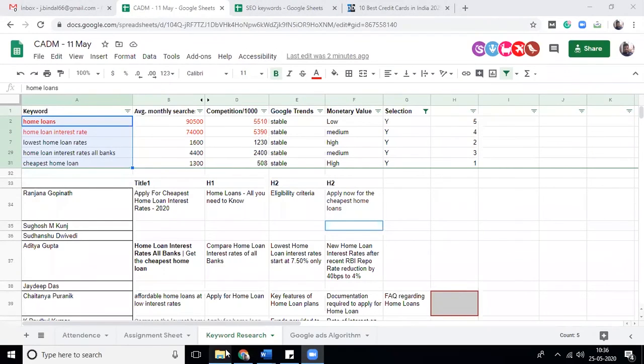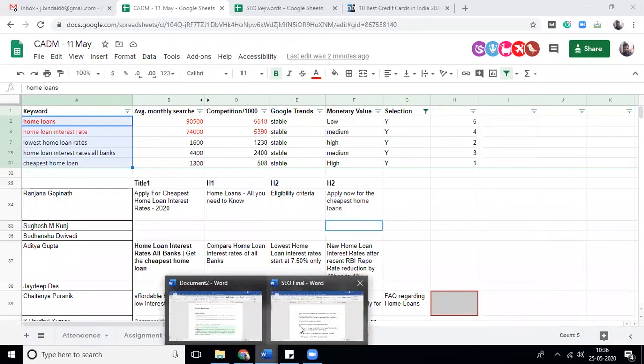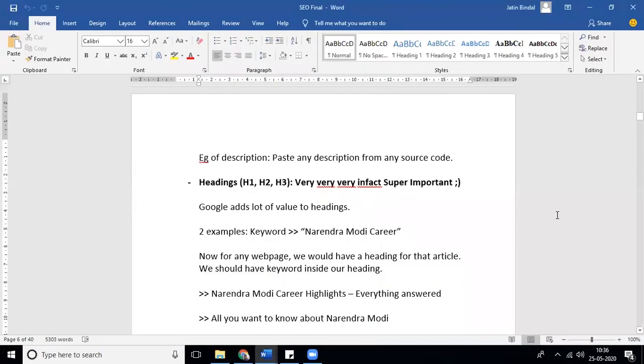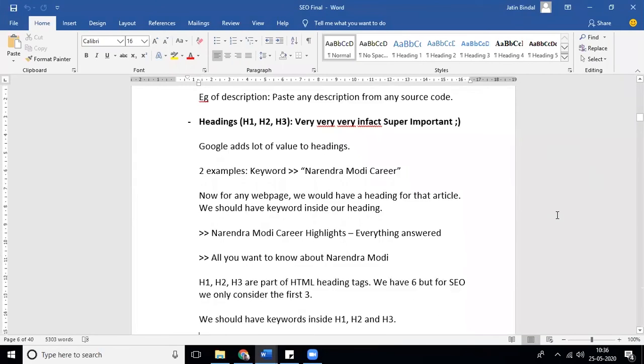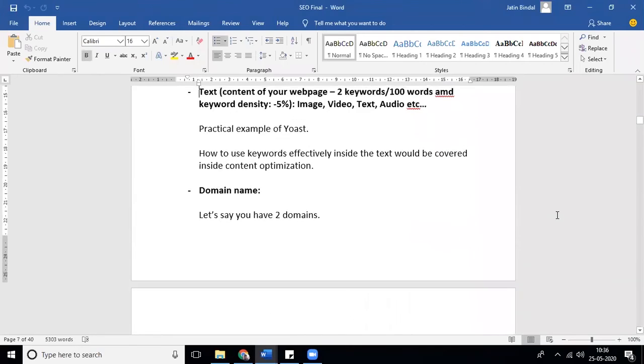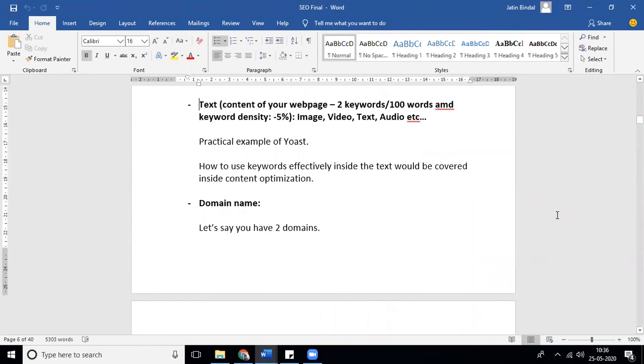So next, after headings, is the keyword density. It is critically important to understand keyword density, because what happens is you start writing content.